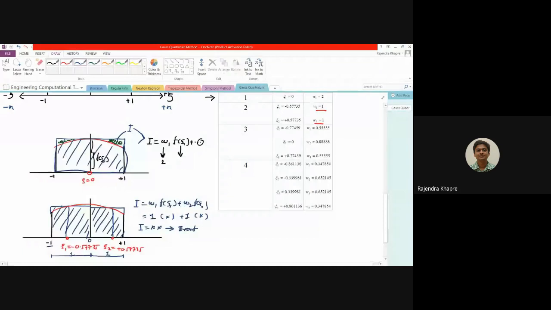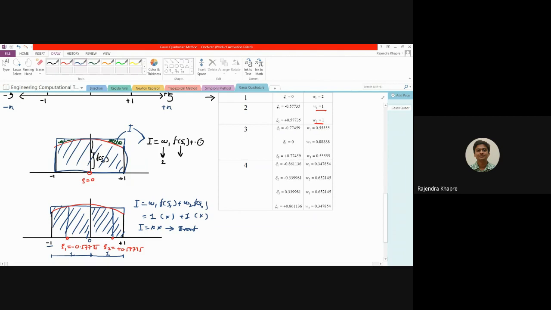And believe me, you will get the 100% correct solution if you use only 2 points. Okay, 1 point you will never get the correct solution, but if you use 2 points, you are going to get the correct solution. Similarly you can also use 3 point integration, 4 point integration, and you can have the intermediate integration points.